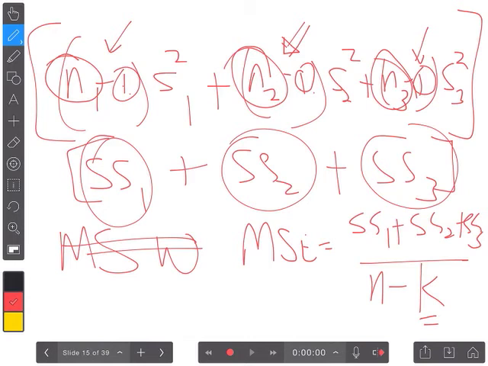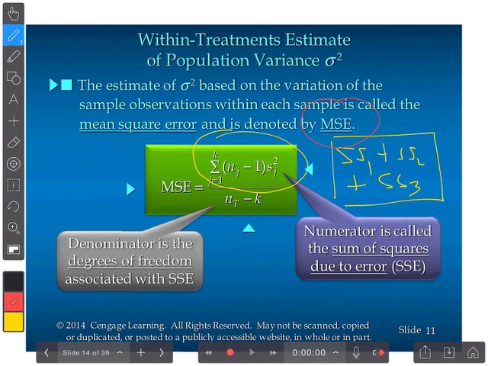So MSE, if we look at the formula, is the sum of squares within the treatments, which is this term right here, divided by nt, which is the total sample size, minus k. That is the number of treatments, and that is the degrees of freedom. And that gives us the mean squared error, or the mean square within the samples that we have.